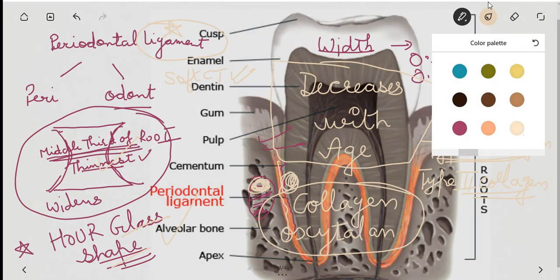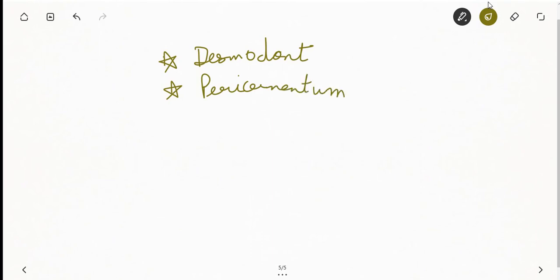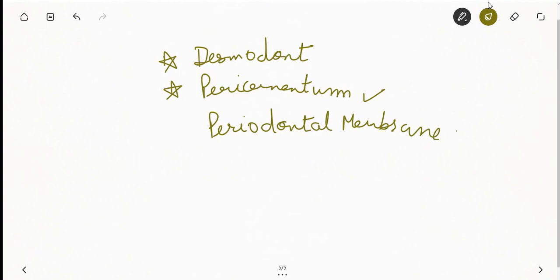The other names of the periodontal ligament are desmodont, pericementum, periodontal membrane, or dental periosteum.